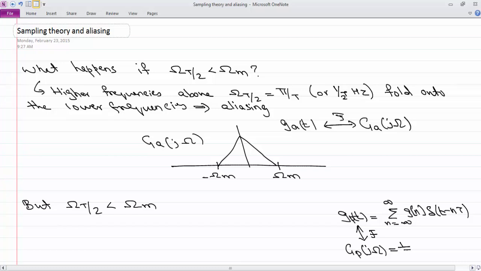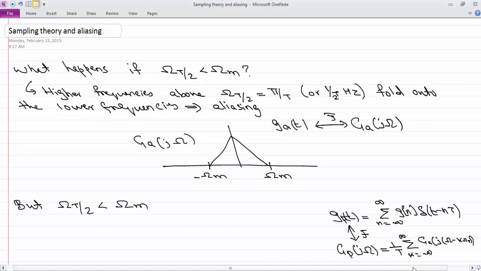So the frequency domain expression is 1 over t, you get periodic repetition, where the gap between different copies is omega t radians per second.